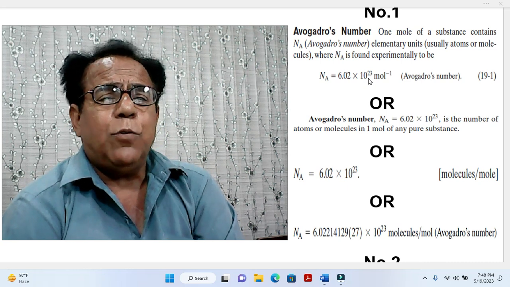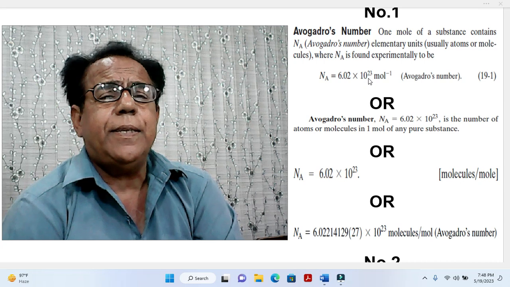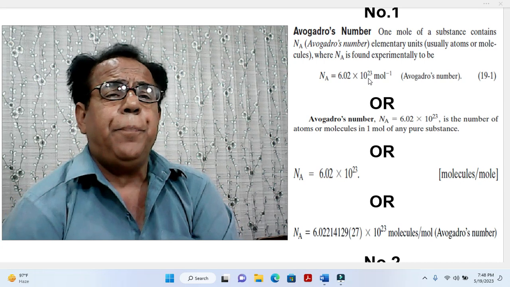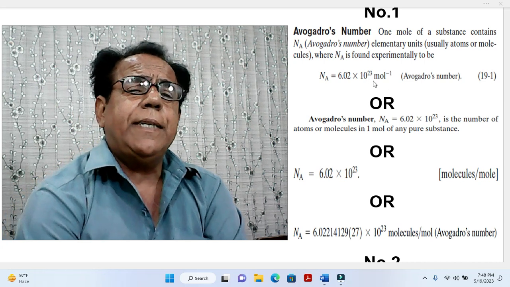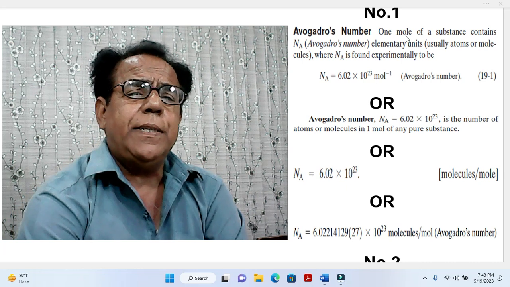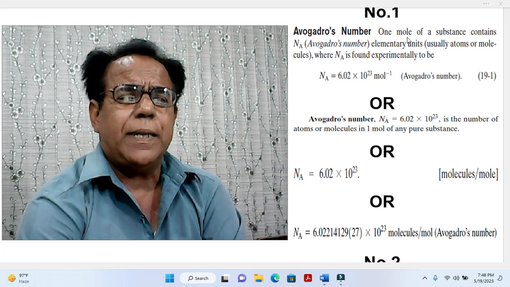This is the definition of Avogadro's number. Above is the definition in words and below is the definition in mathematical expression.